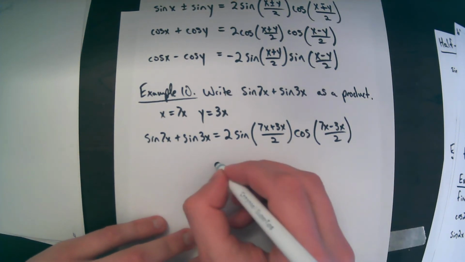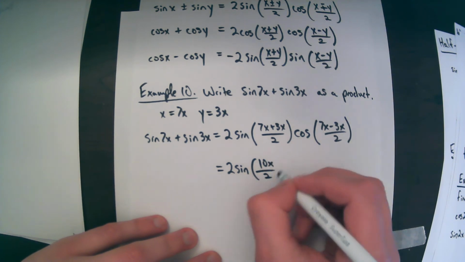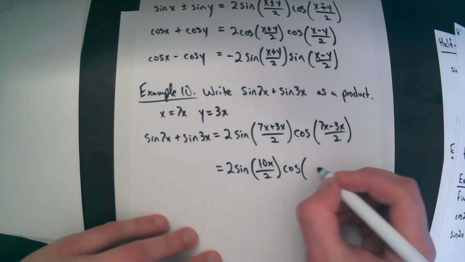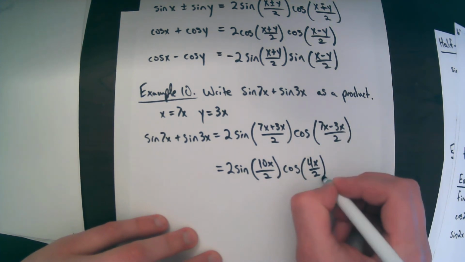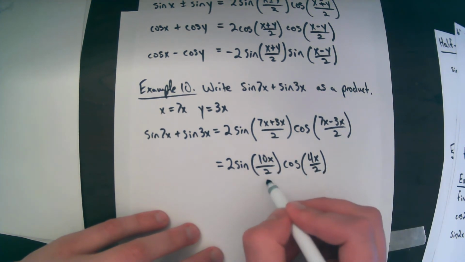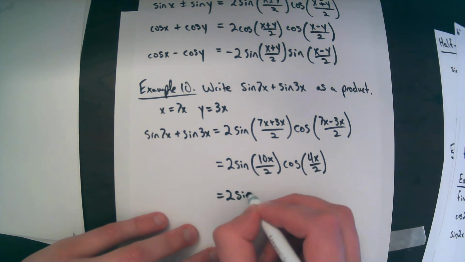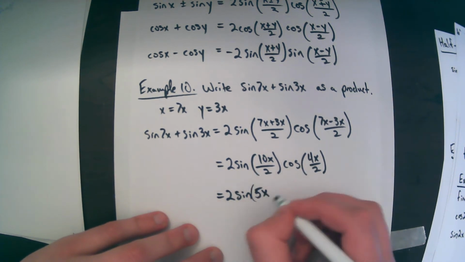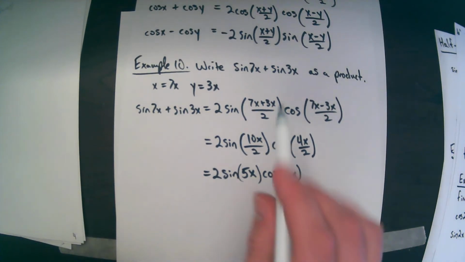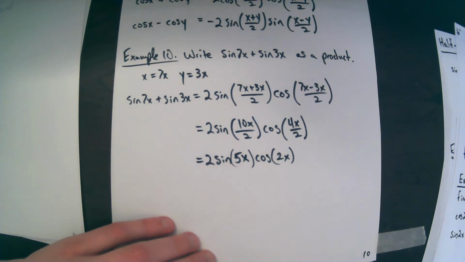That's 2 times sine of 10x over 2 times cosine of 4x over 2. Simplifying, that's going to be 2 sine of 5x times cosine of 2x. And that's all they wanted. They wanted this sum written as a product, and we've done that. It's now a product.